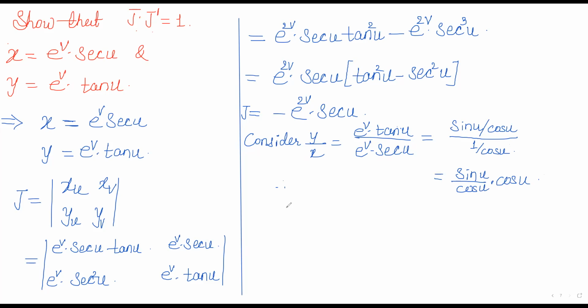So sin u, therefore sin u is equal to y upon x. Therefore u is equal to sin inverse of y by x. आता v फाइंड आउट करायचं आहे. v कसं फाइंड आउट करणार?